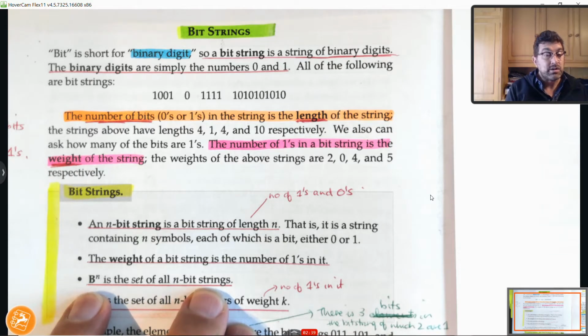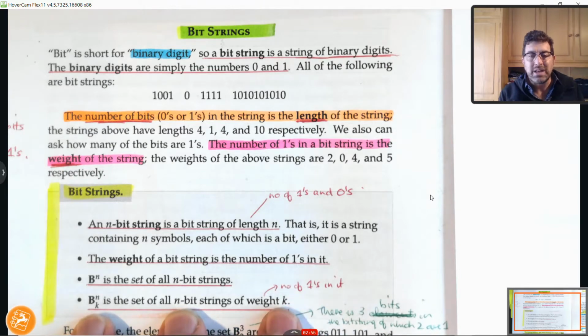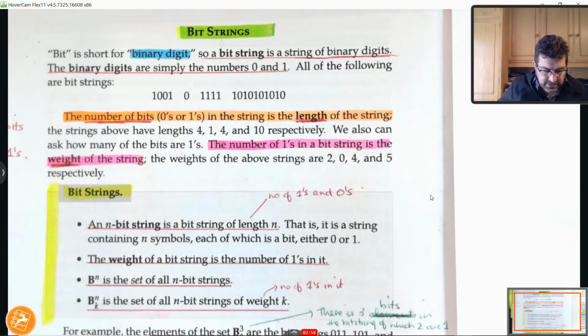But if I want the bit strings of length 4 to have a weight of 2, then I'll write B4,2, because the weight tells us how many ones appear in the bit string.